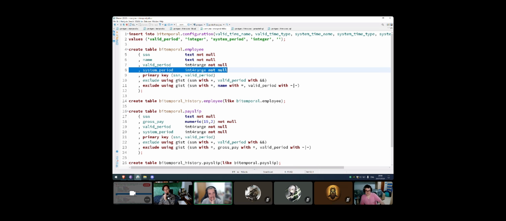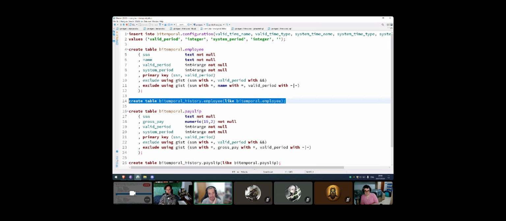And then what you need more is the place to store this history with regard to the system periods. I decided to do it like this: you create a history schema, let's say in my case bitemporal with this suffix, and you just copy the table structure like this, and that's your history table.